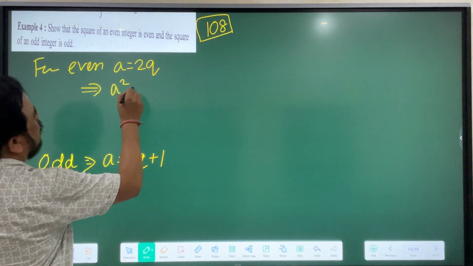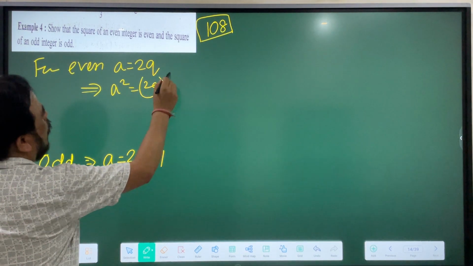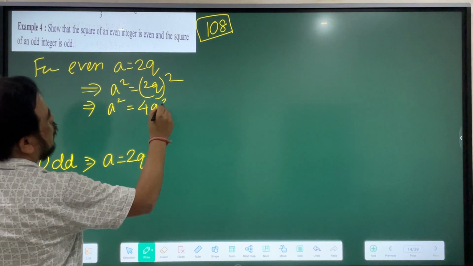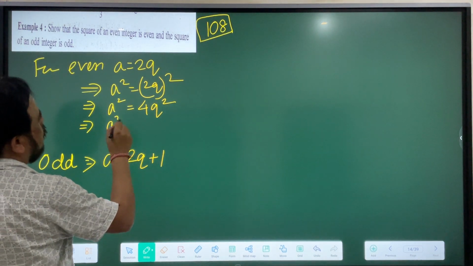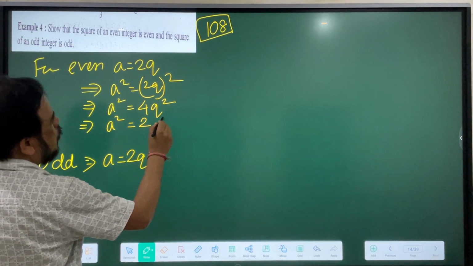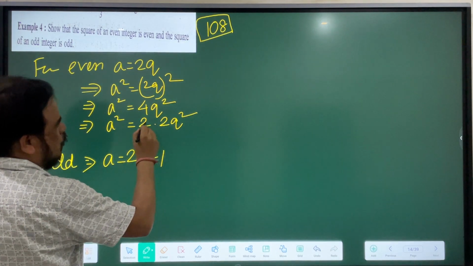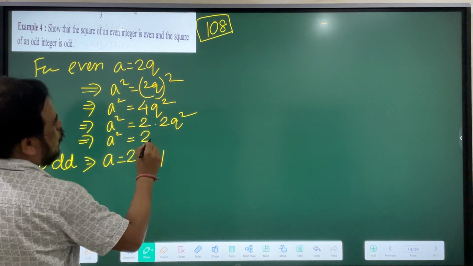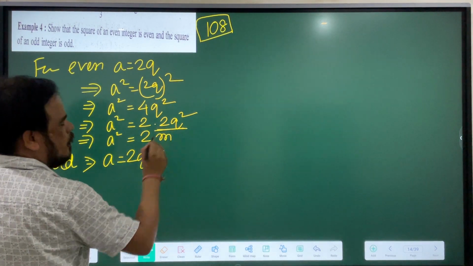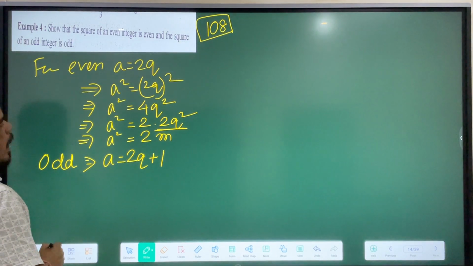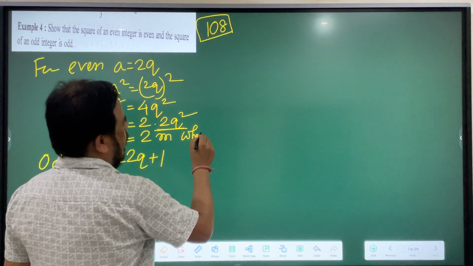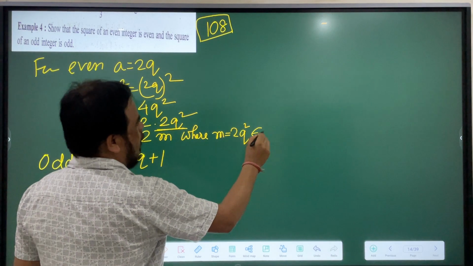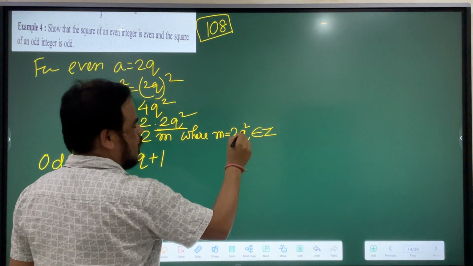Squaring both sides, a square is equal to 2q whole square. a square is equal to 4q square. a square is equal to 2 into 2q square. a square is equal to 2m, where m is equal to 2q square, which belongs to Z, because q is there.